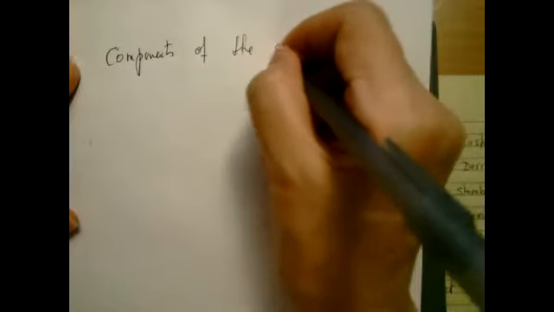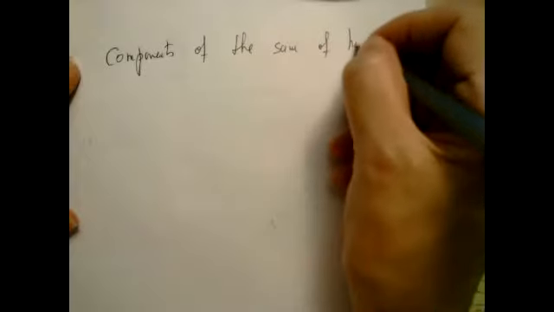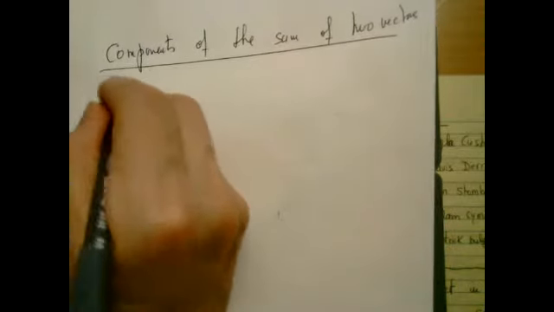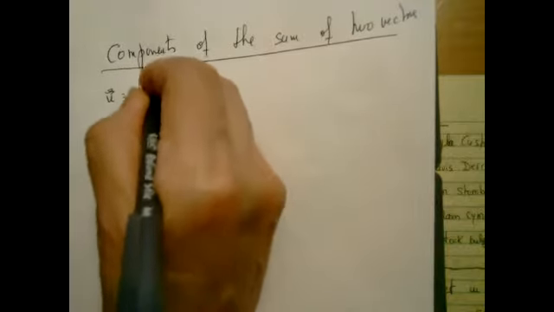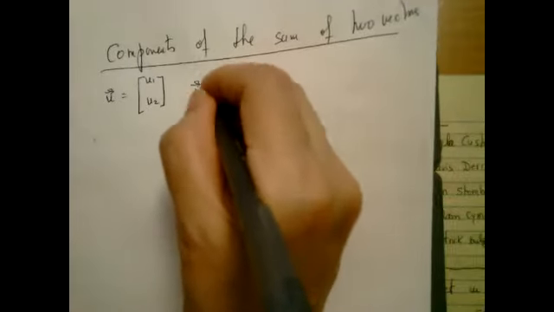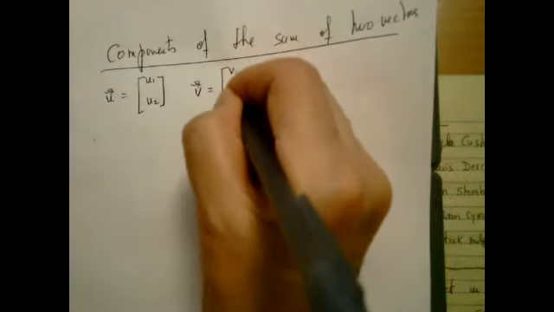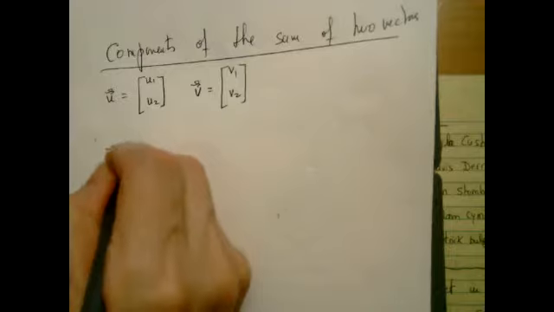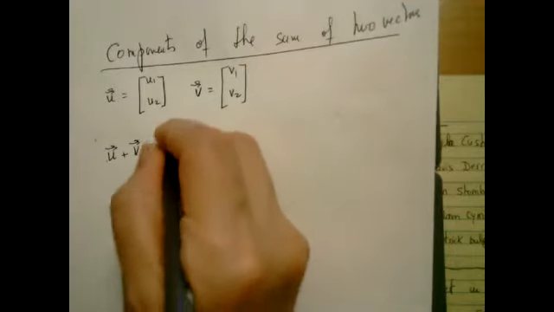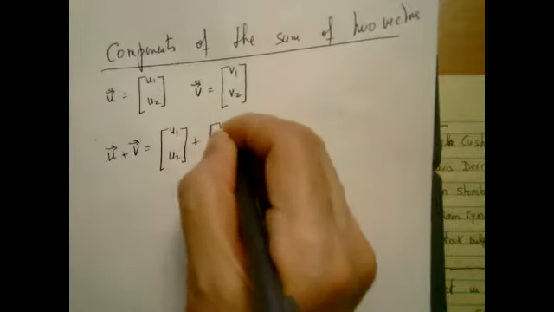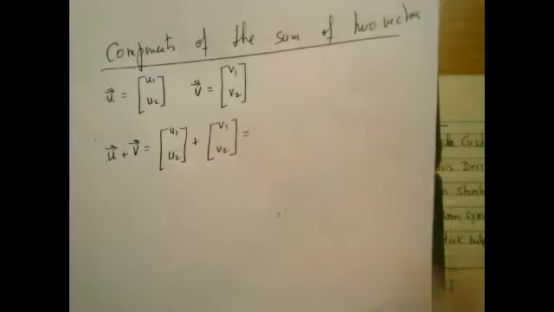You have two vectors, u, which is u1, u2, and v, which is v1, v2. When we add them, we create a whole new vector. And the question is, geometrically, what are the components of this new vector?